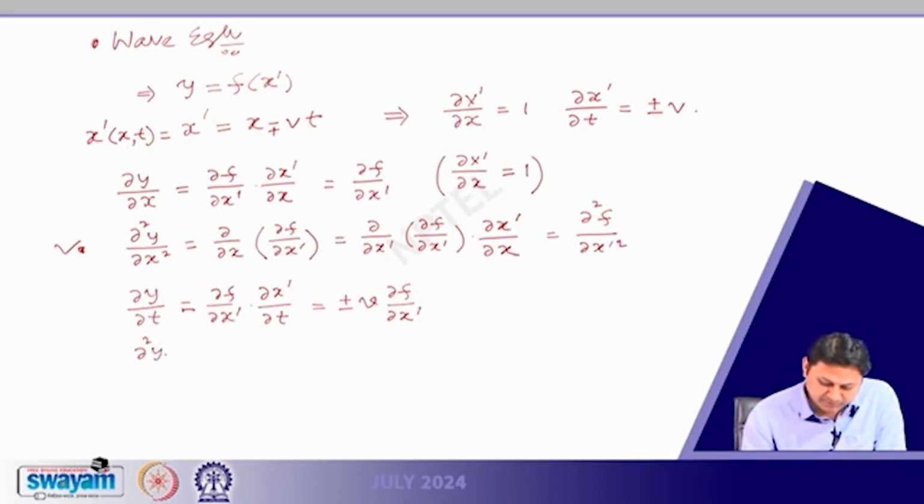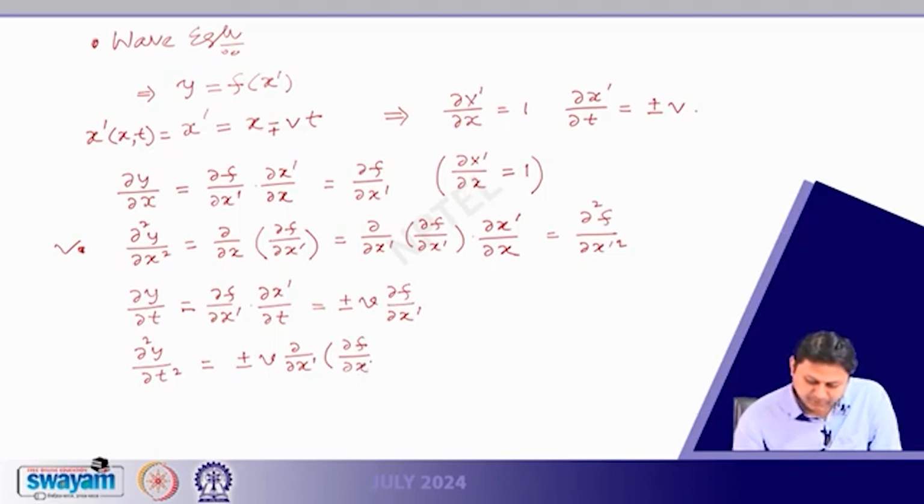If I take a second order derivative like we did in the previous case, it should be a similar kind of thing where I can write plus minus v del x prime of this quantity del f del x prime, and then using the chain rule, del x prime del t.